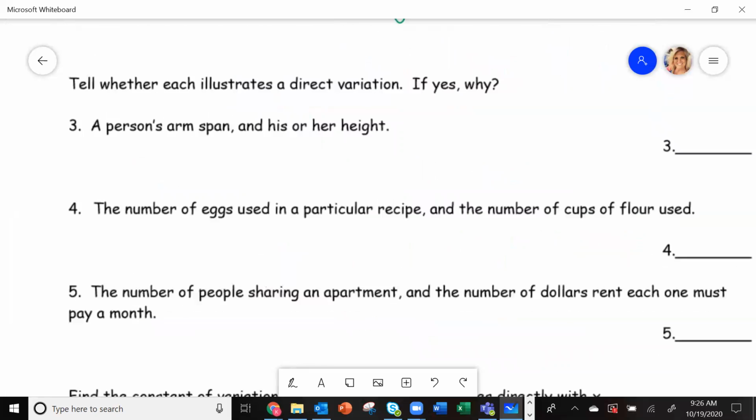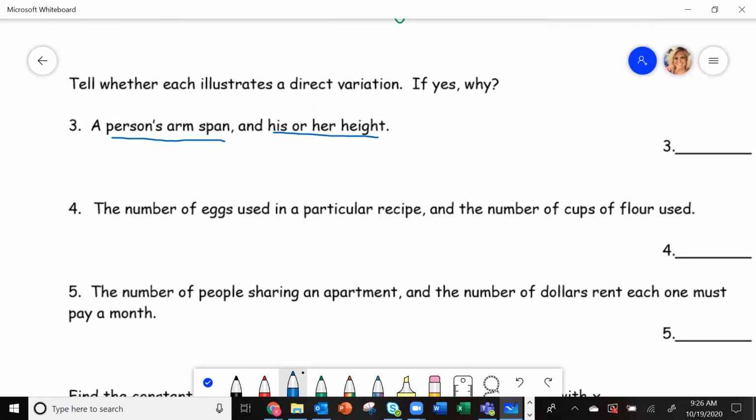Right here, it says tell whether each illustrates a direct variation. Okay, it's talking about first, in this one, a person's arm span and his or her height. I don't know if you know this, but if you spread your arms out to the side and go from fingertip to fingertip, that's actually how tall you are. Your arms are supposed to be the same distance as your height.